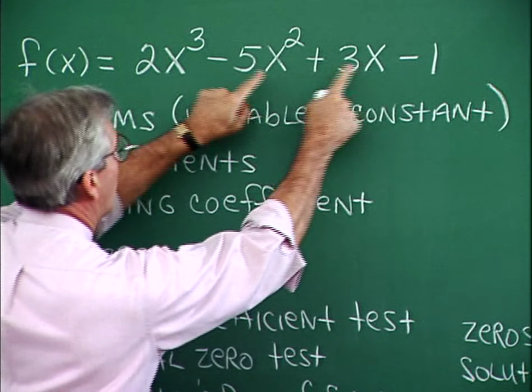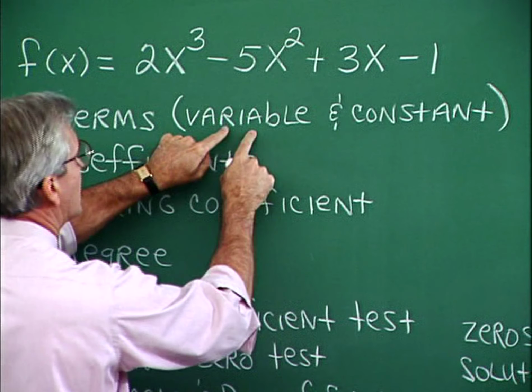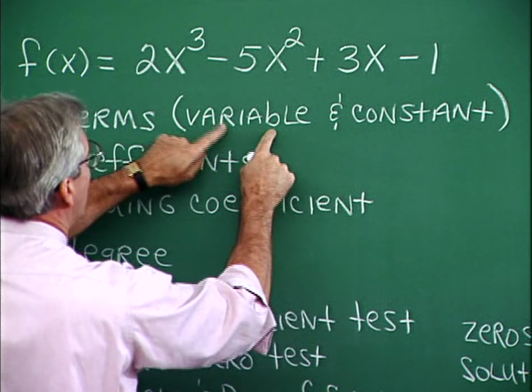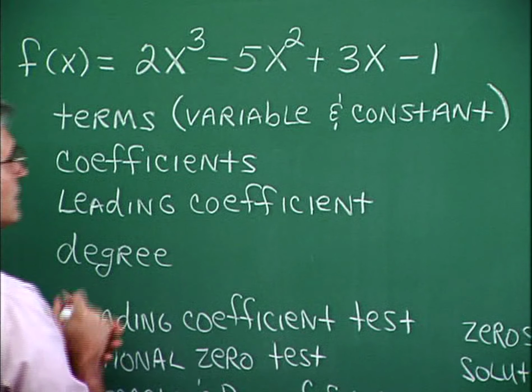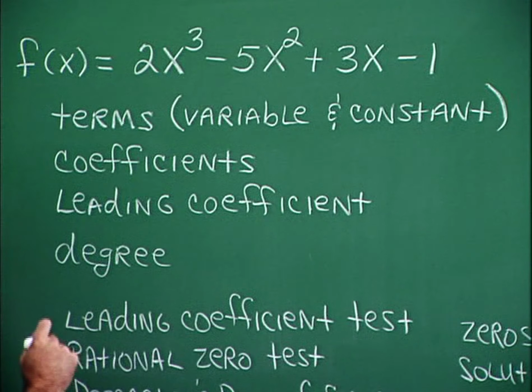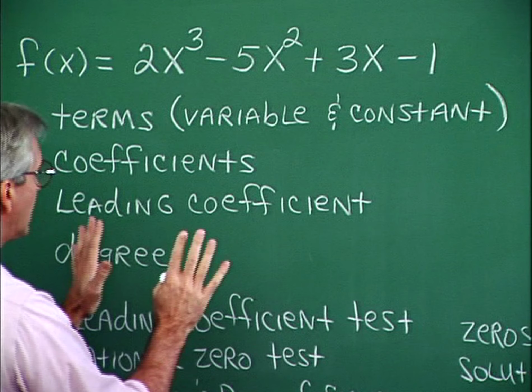Terms, there are 4 terms in this polynomial function. Some of the terms are considered variable, and one is a constant. The variable terms involve letters, and the constant term does not. Coefficients, usually we're talking about numerical coefficients in almost all cases up to this point.